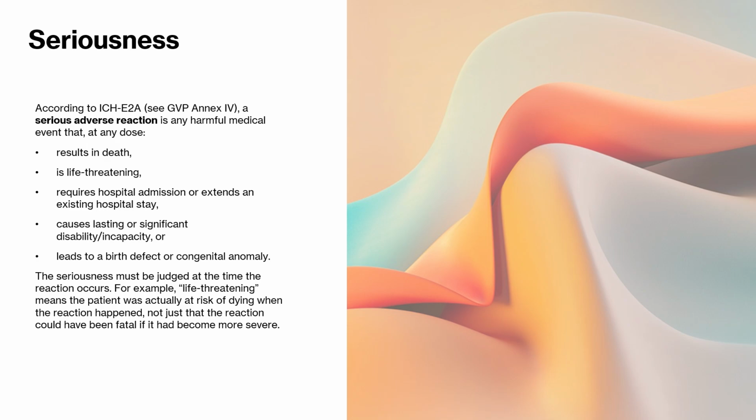It is long lasting and it continues even though the person is out of danger or is out of hospital. So this is considered as a serious thing. And the last one, it leads to a birth defect. So anything that is a defect in a person at the time of birth.